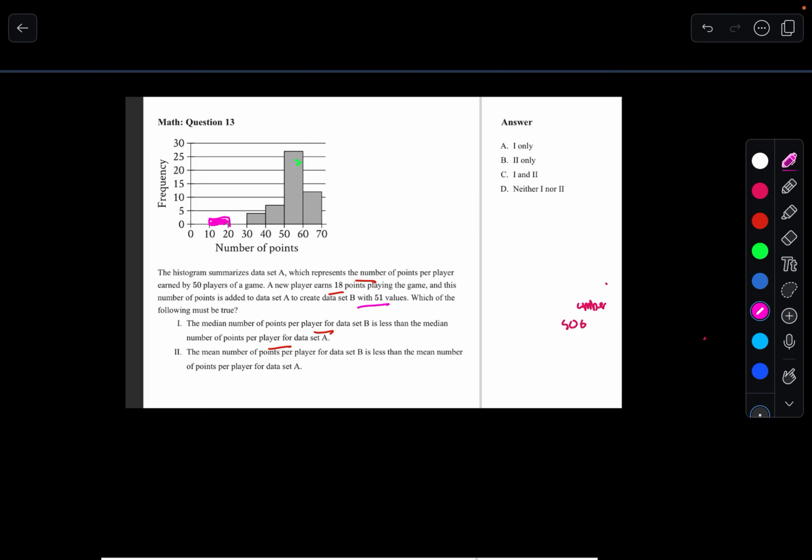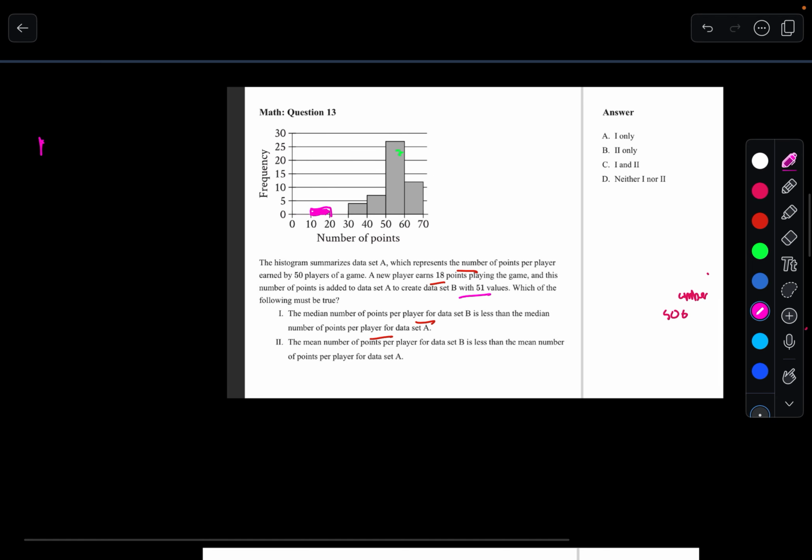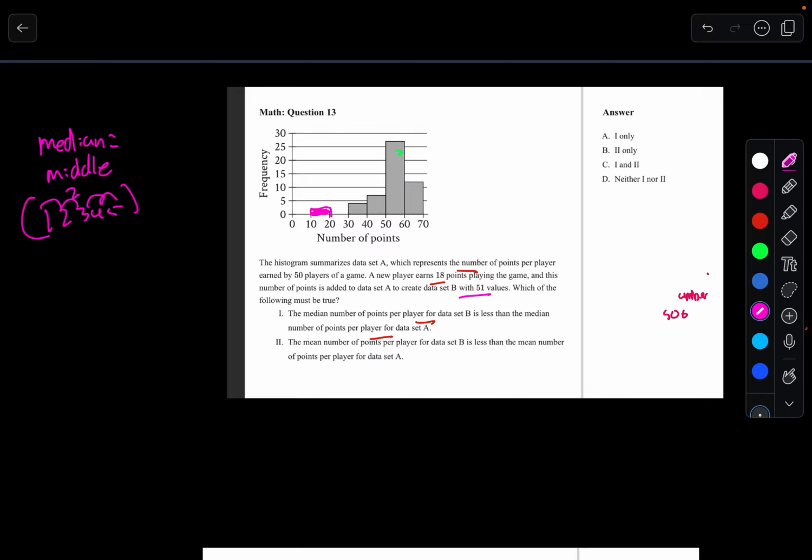So let's start finding the median of data set A. We know that the median is the middle number. If there's a set like 1, 3, 4, 5, the median would be the second or third number, pretty much.